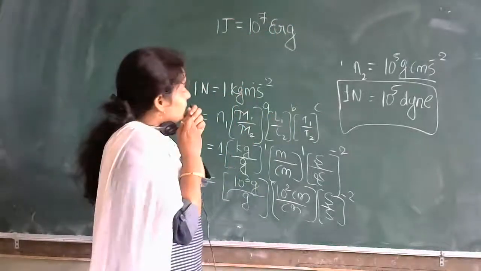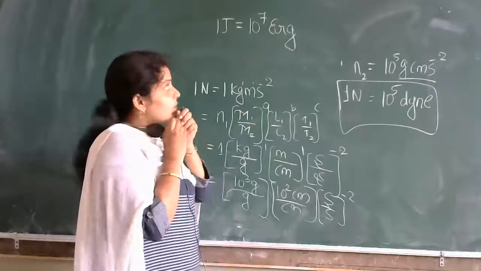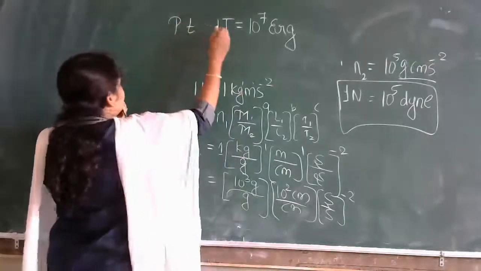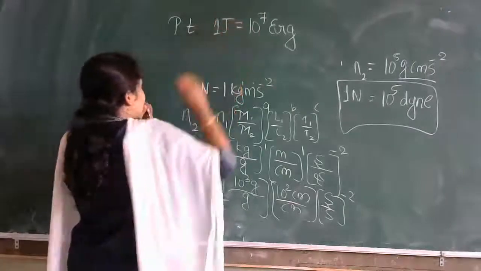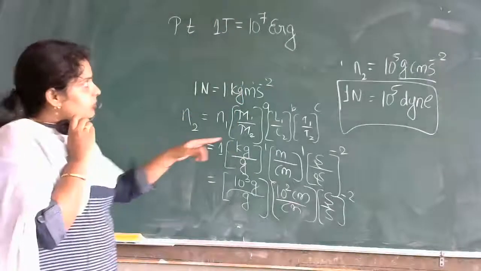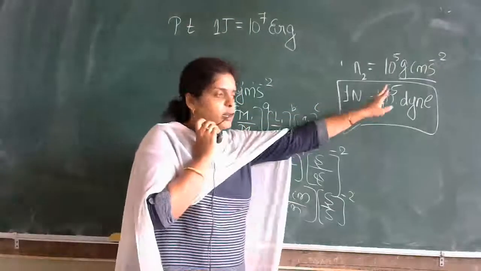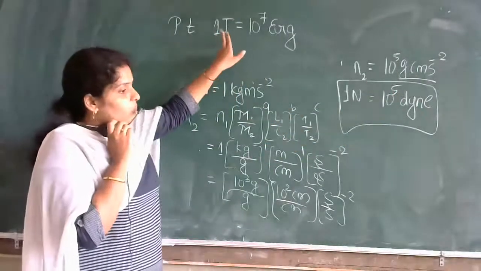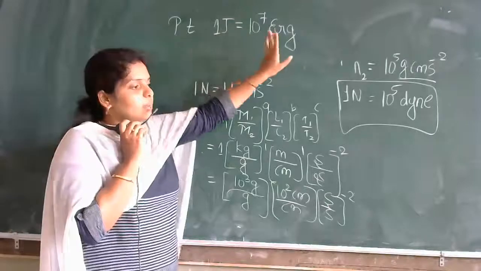So the question is: prove that 1 joule is equal to 10 raised to 7 erg. Here you converted 1 Newton into 10 raised to 5 dyne. In the same way, we can convert 1 joule into 10 raised to 7 erg.